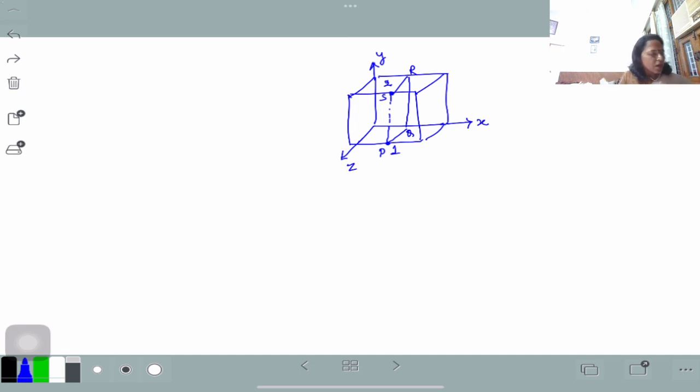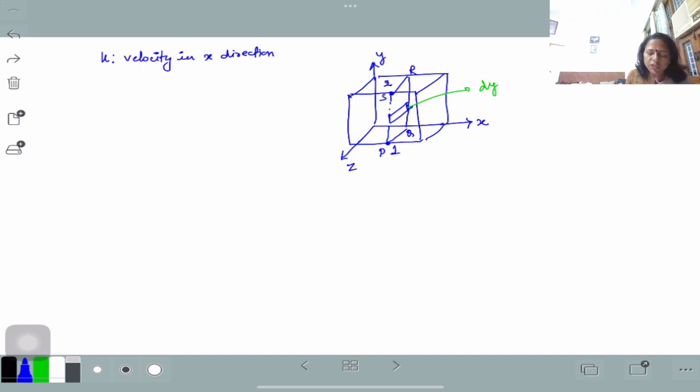Alright? So let u be the velocity in x direction, and I take a very small portion of it. Then this portion is dy, a small cross section.